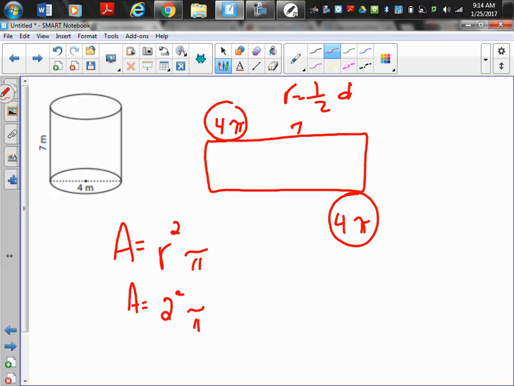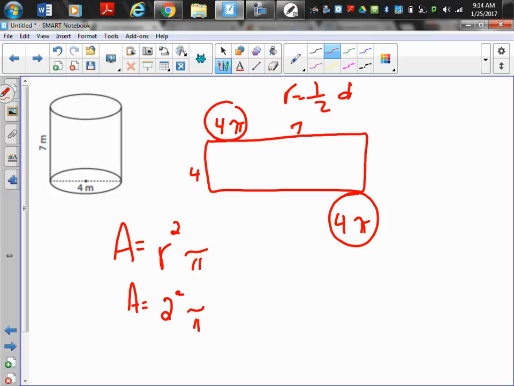The diameter of the circle is also one side of your rectangle, because this goes all the way right here. You're not covering just half of it. So you have to use the diameter. So my rectangle is 7 by 4.